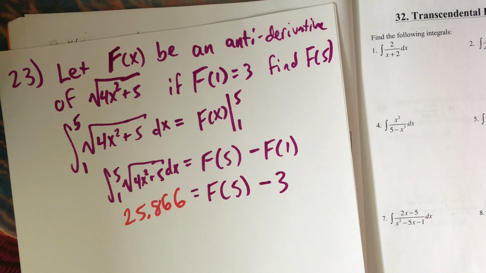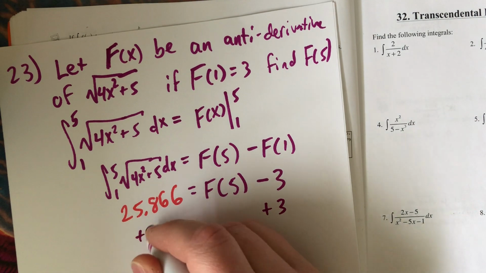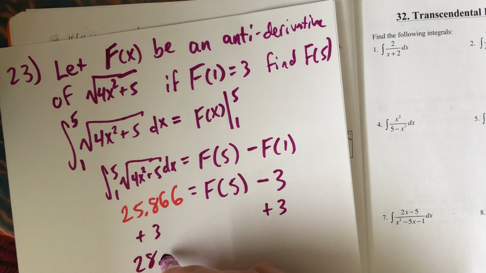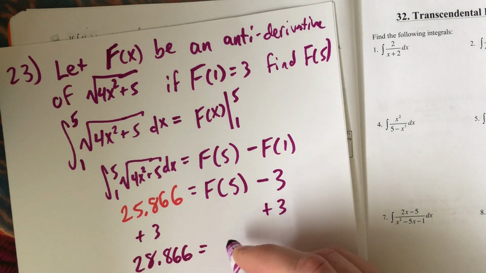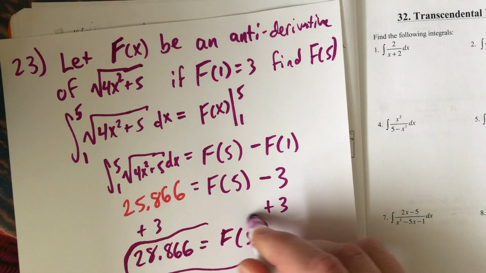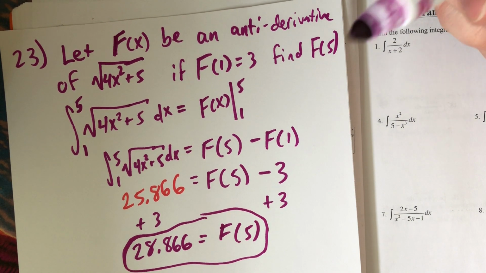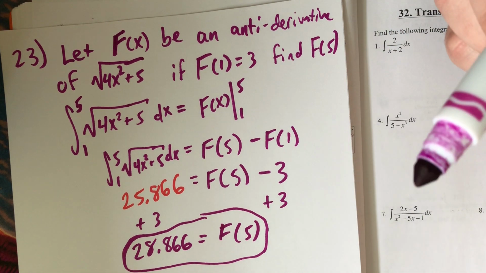That's really, really easy to solve now. If I add 3 to both sides, I get 28.866 is equal to capital F of 5. To me at least, it feels a little bit like a trick question.